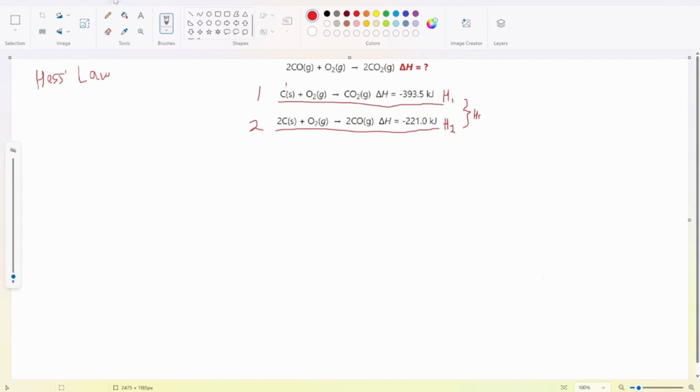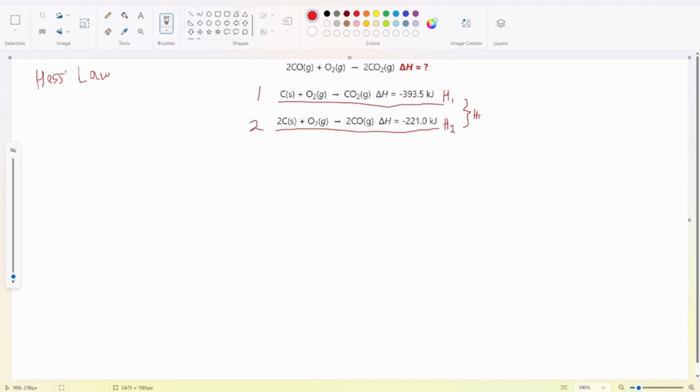So we can already rule this one out. Now the oxygen is in the correct place on the left side. As you can see, both oxygens are on the left side and both CO2s are on the right side. So for equation 1, there is nothing to be done. You don't have to do anything.